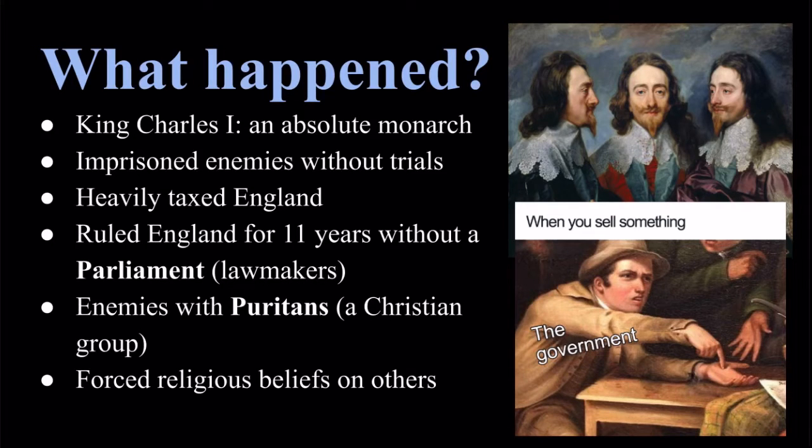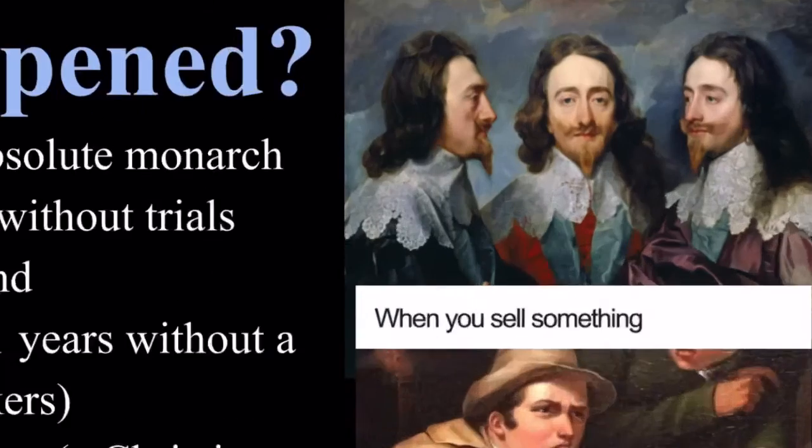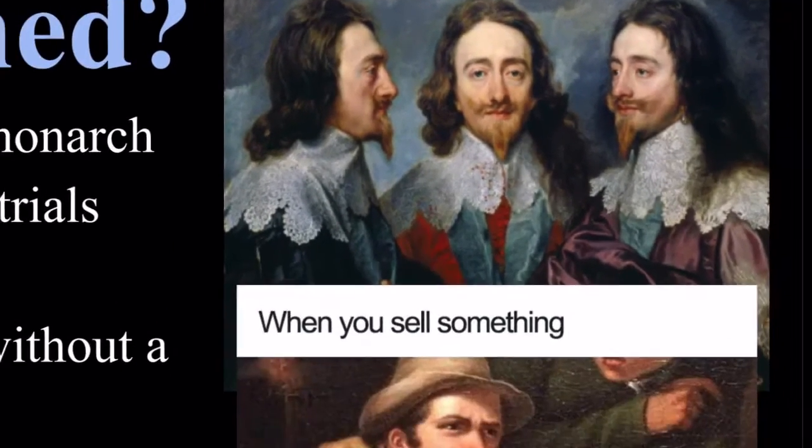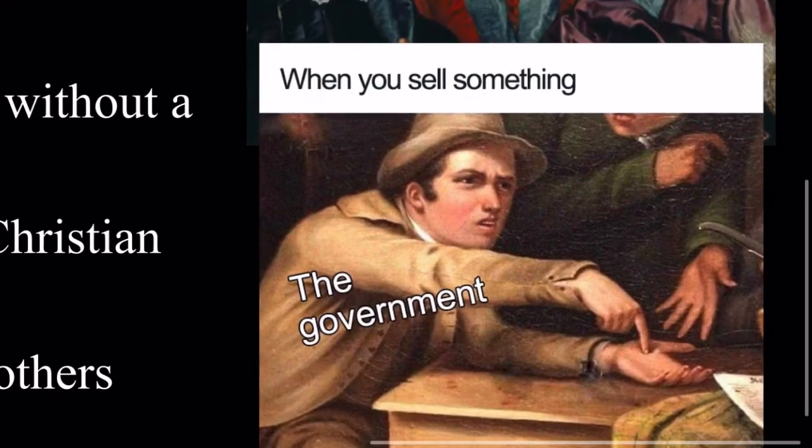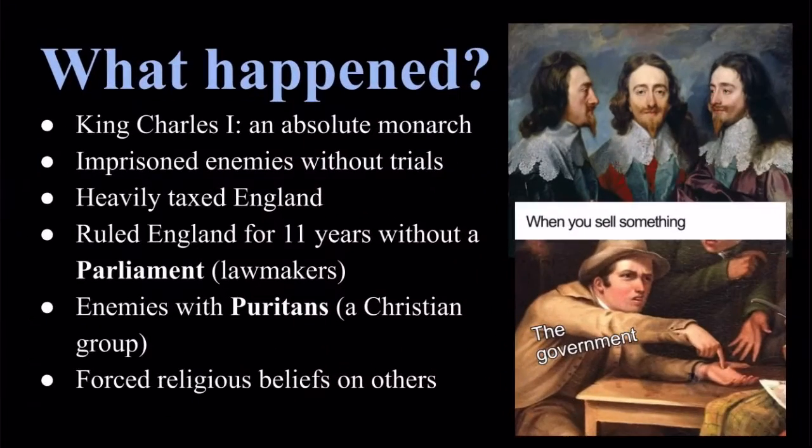And without Parliament, that means he can basically do whatever he wants. And then he's also making enemies with the Puritans, which is a group of Christians, and he's also forcing religious beliefs on other people. So that's King Charles in a summary. Here's a picture of the man and a nice little meme about the government taking your money and taxing you.